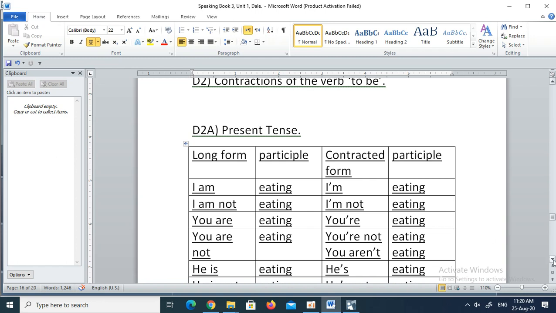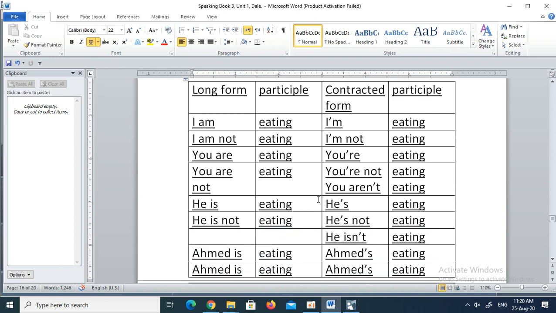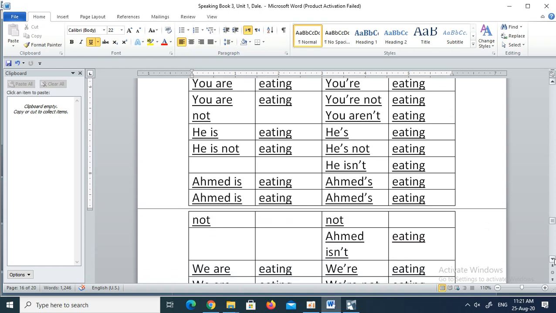If I use the long form, he is eating, it contracts to he's eating. If I say he is not eating, I can either contract it to he's not eating, or I can contract it to he isn't eating. If I say Ahmed is eating, it becomes Ahmed's eating. If I say Ahmed is not eating, it becomes Ahmed's not eating.